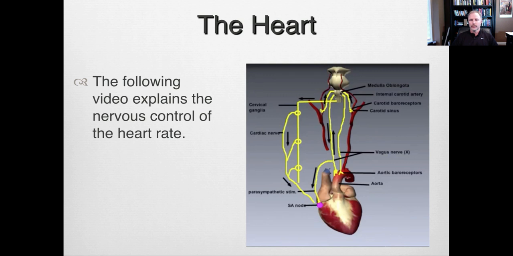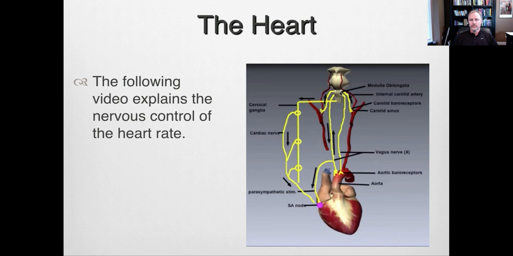Now this information about blood pressure, whether it's high or low, is integrated in the cardiac control center within the medulla oblongata. And then a decision is made by the cardiac control center. Is the blood pressure too high? Is it too low? Is it around the set point? Remember, in the cardiac control center there is a homeostatic set point, a range of what blood pressure should be in.